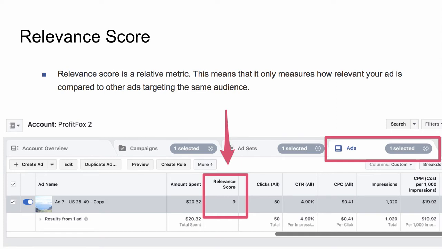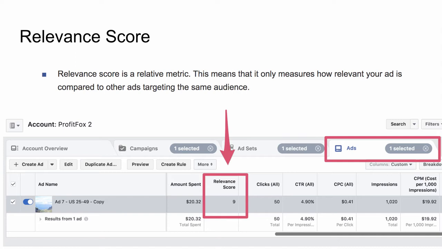Now, I mentioned a lot of this stuff is based on your relevance score, because Facebook's number one priority is making its users happy and keeping them coming back. Now, these are the front-end users, not the advertisers, because if the front-end users leave, if your everyday average person on Facebook leaves, then there will be no one to advertise to.